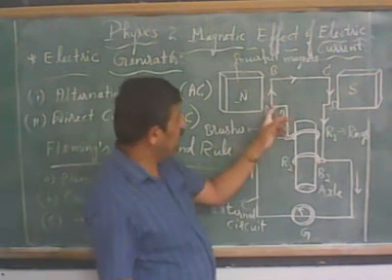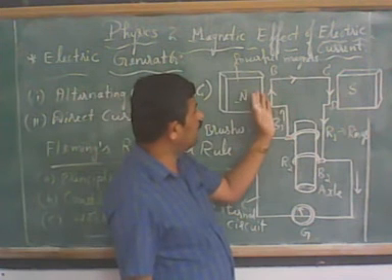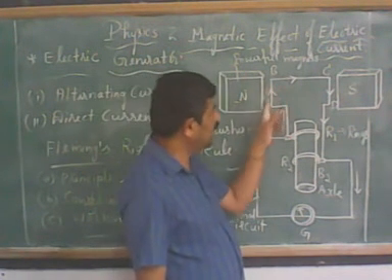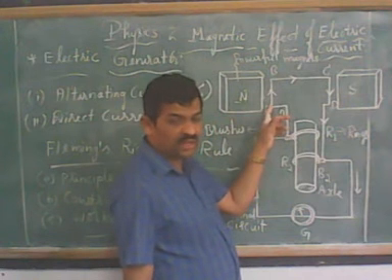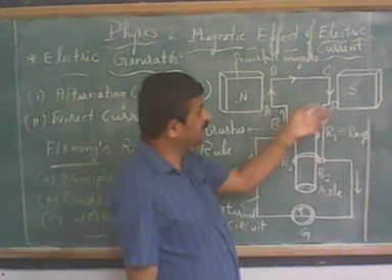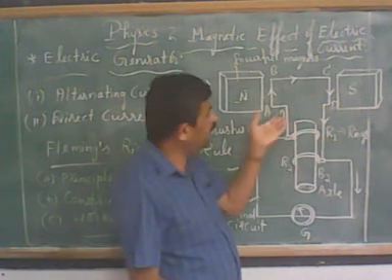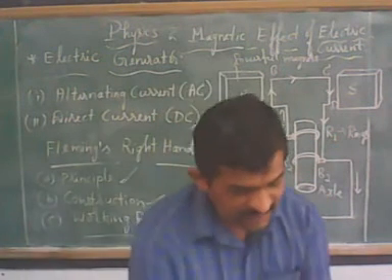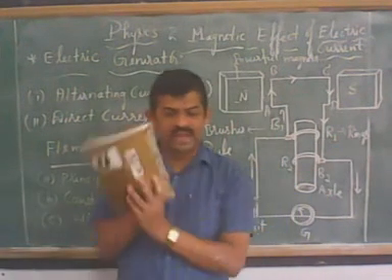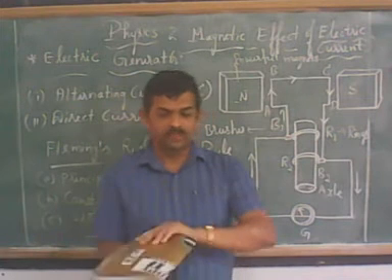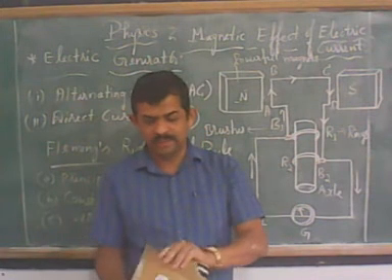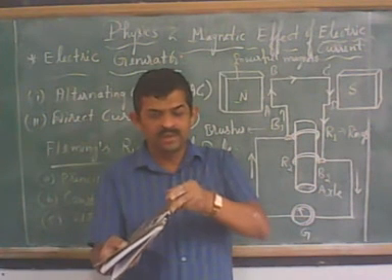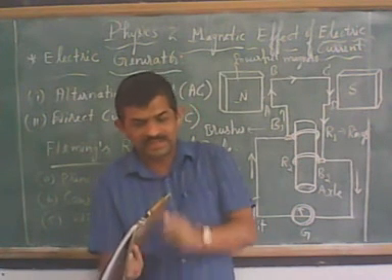So when the AB edge of the rectangular ABCD coil is coming up, then CD is getting down. If one part is coming up, naturally the other edge is getting down.